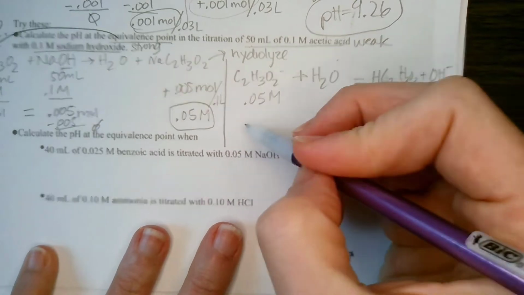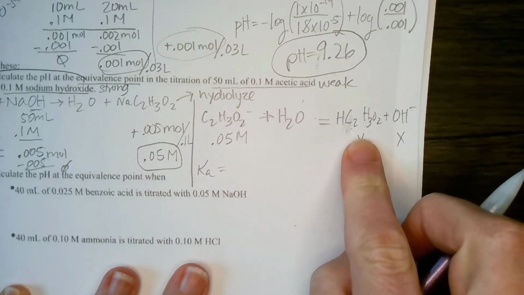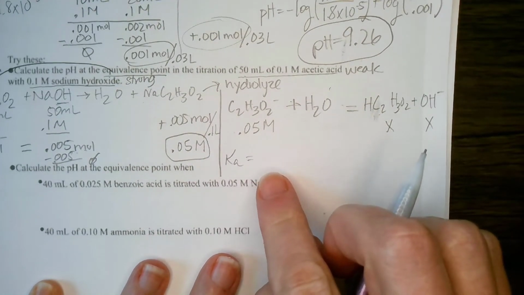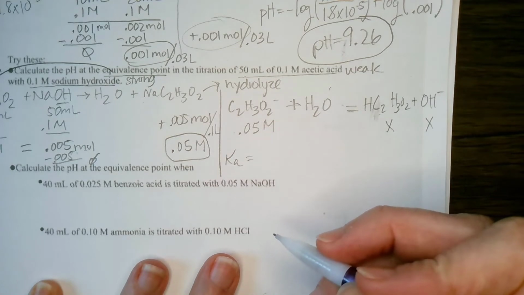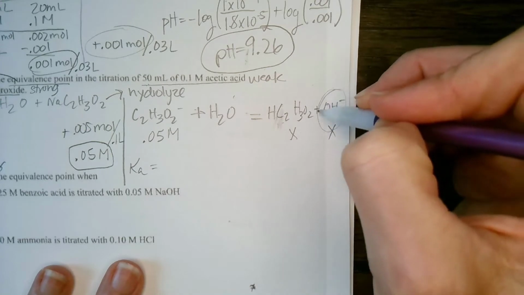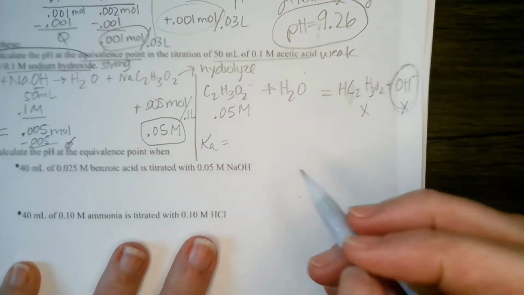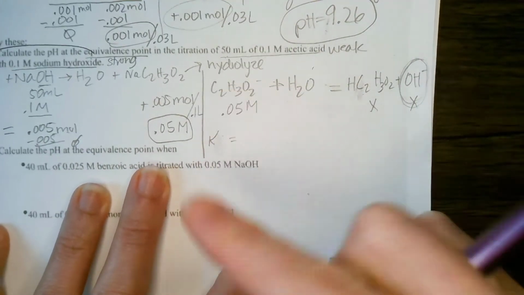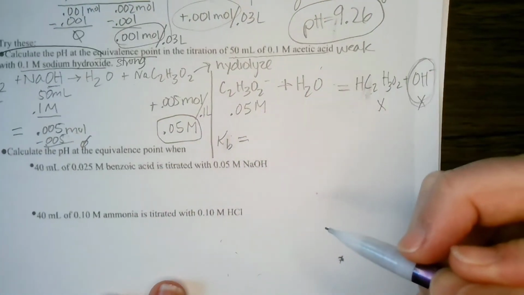All right, now we need to look at the Ka for acetic acid. We look in our Appendix D, and we see that the Ka is 1.8 times 10 to the negative fifth. But this has got to be a Kb expression because we're producing hydroxide. So actually, you know what? To find the pH, we want to find Kb, right?